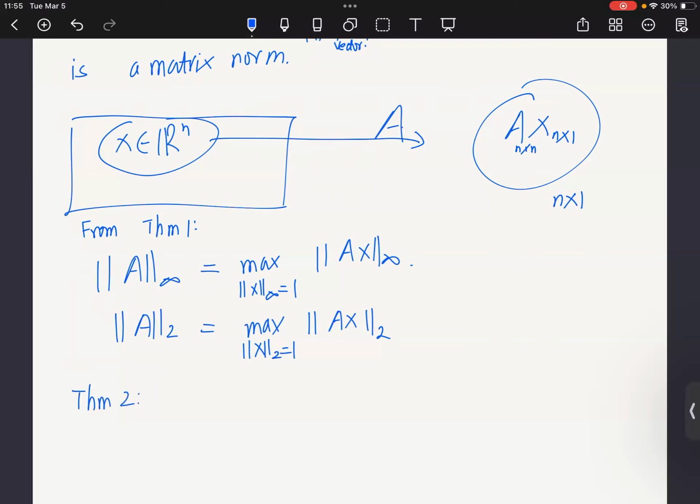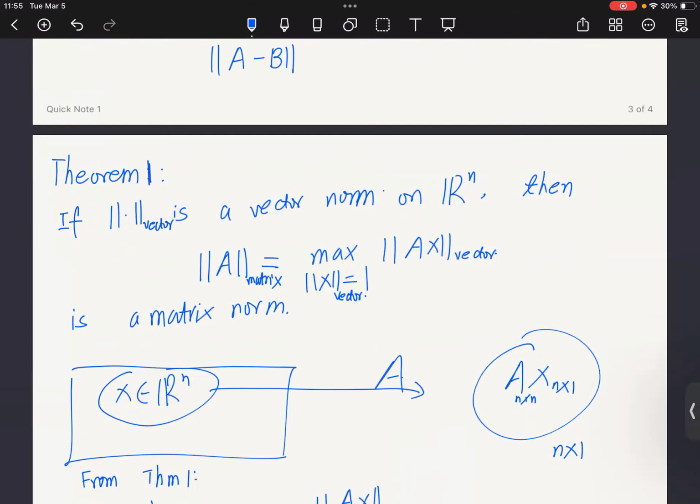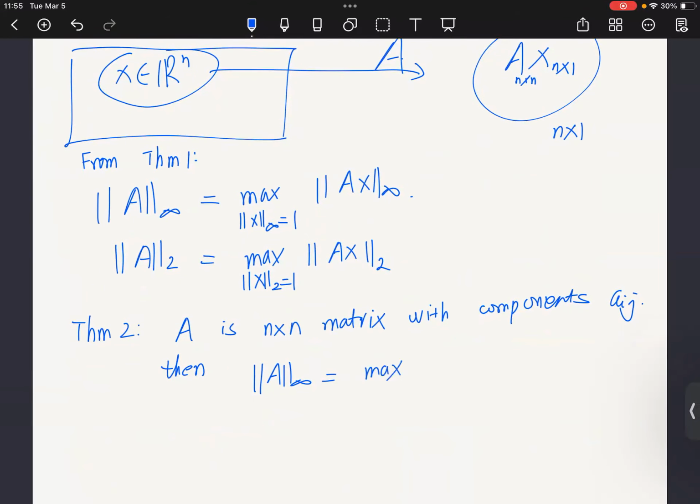Let's say this is Theorem 2. A is an n by n matrix with entries Aij. Then the L infinity norm can be calculated with this formula: the maximum over i from 1 to n of the sum over j from 1 to n of the absolute value of Aij.